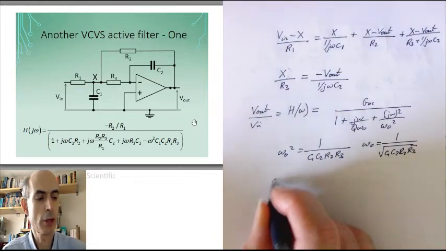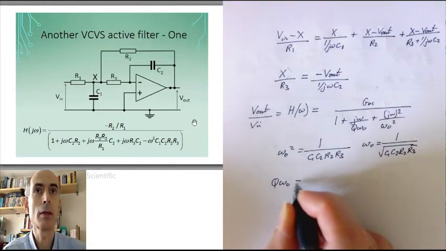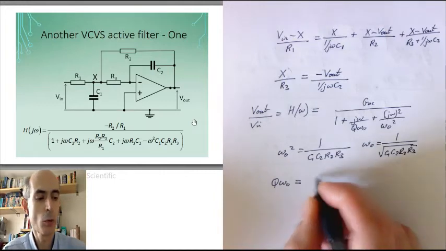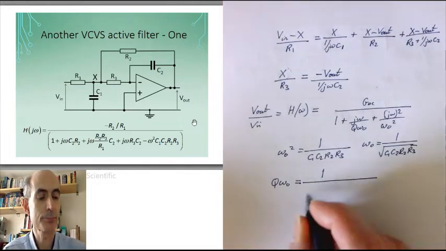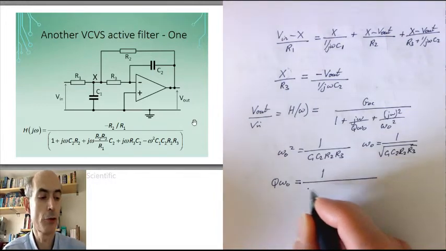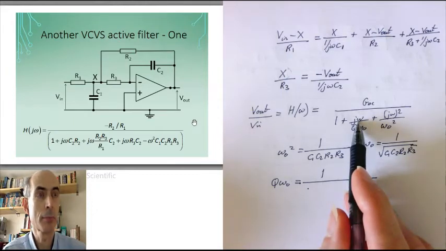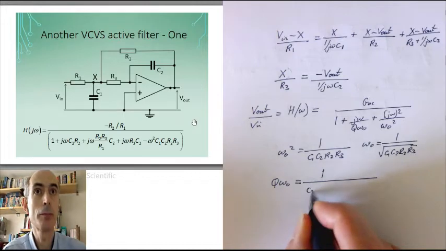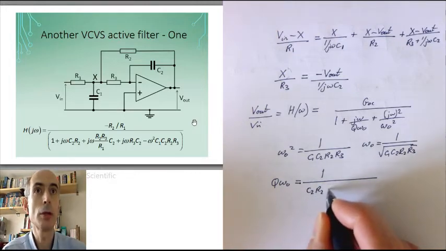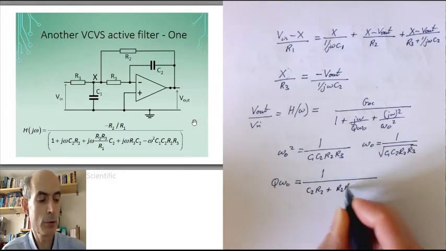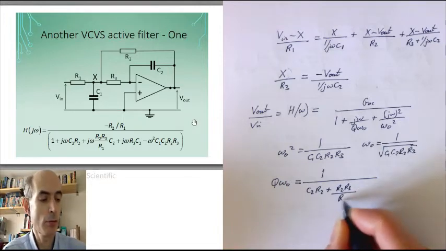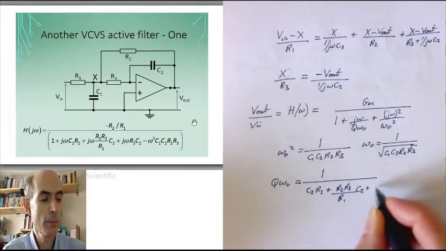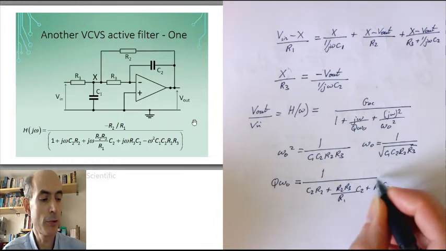And Q times the resonant frequency is 1 over the coefficient of j omega, which in this case is C2 R2 plus R2 R3 over R1 C2 plus R3 C2.